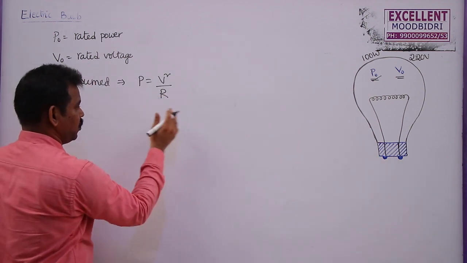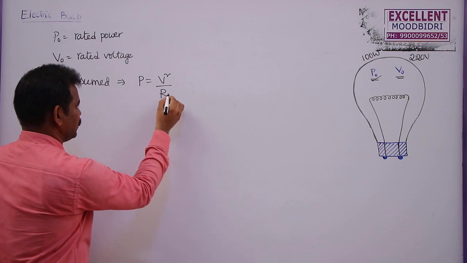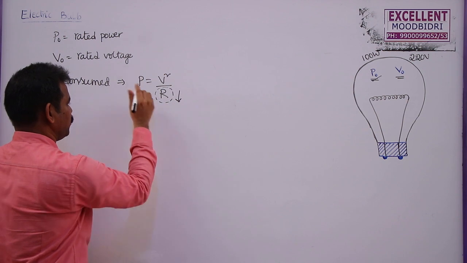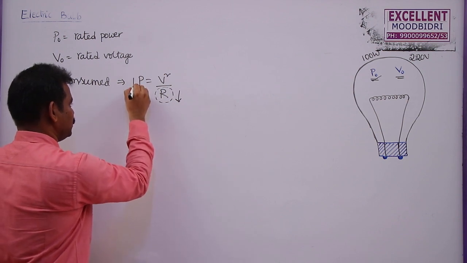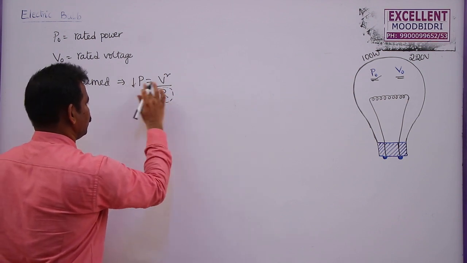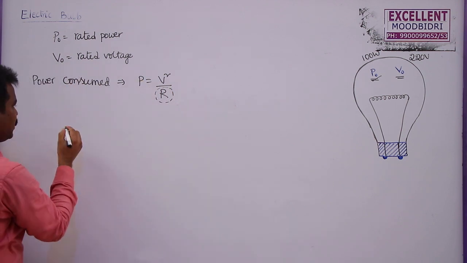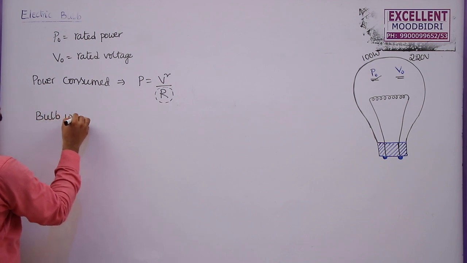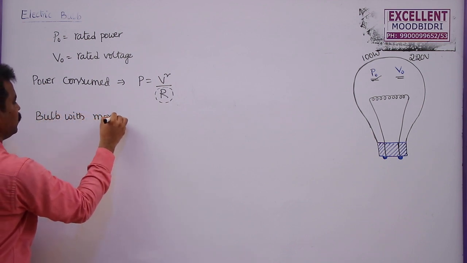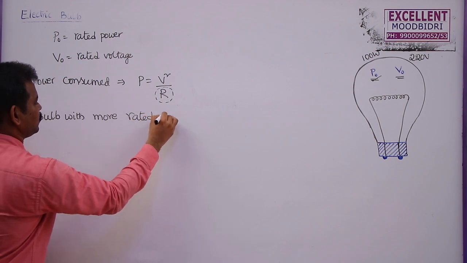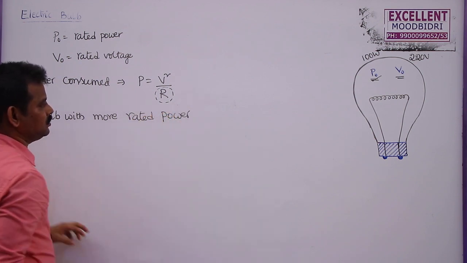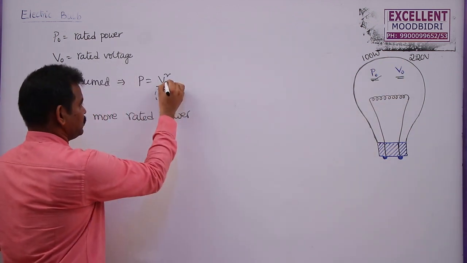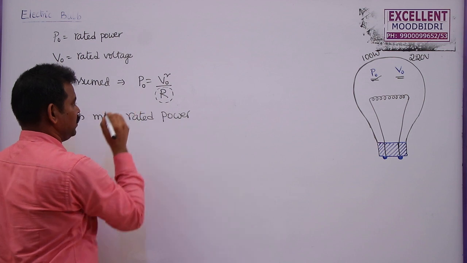Let us say if you know the power consumed, if the resistance of a bulb is less, power consumed will be more, or if the power consumed is less, resistance of the bulb will be more. So in general, let us say applied voltage and the rated voltage are same, then you can write this as V0 and this power will be P0.